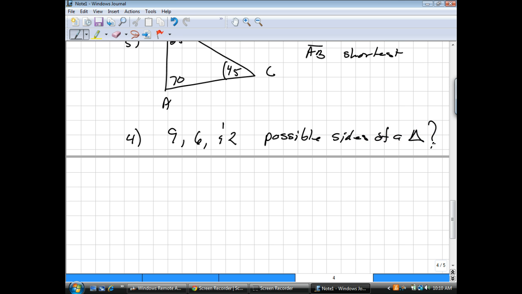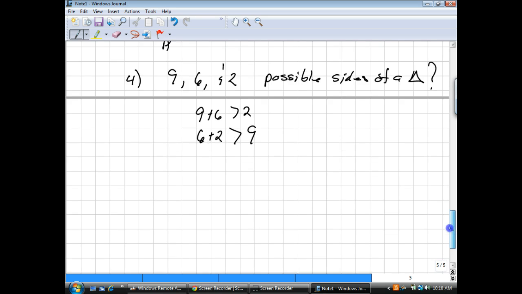Well, remember the triangle inequality theorem says that the sum of any two sides must be greater than the third side. So 9 plus 6 is greater than 2. But is 6 plus 2 greater than 9? No, it's not. So it's not possible for those three values to be the sides of a triangle.